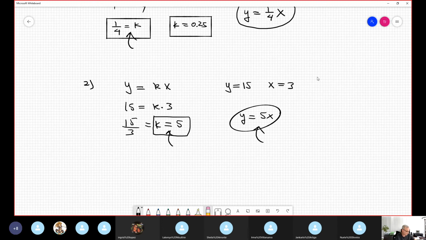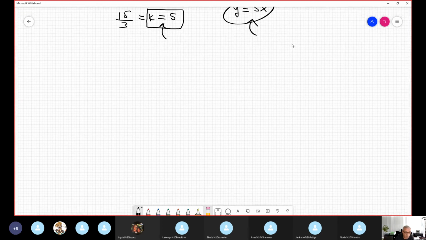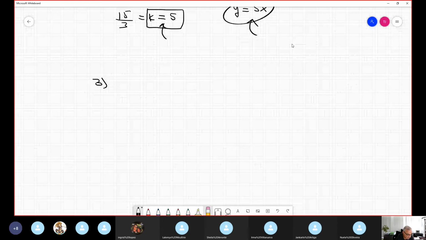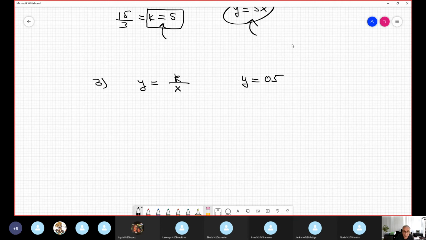Do you follow me? Let's do two more. 3 and 4, which are inversely proportional. Suppose y is inversely proportional to the x. I know that the formula is y equal a constant divided by x. So inversely proportional is division. If y is 0.5, when x is 3.8, find the constant of variation.